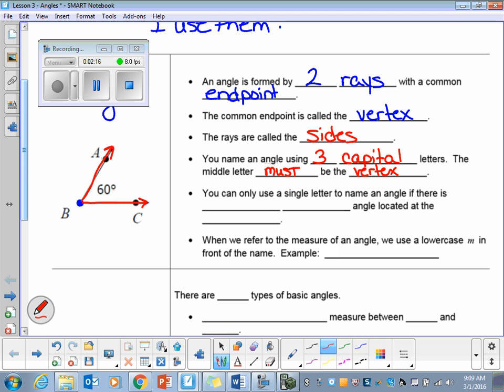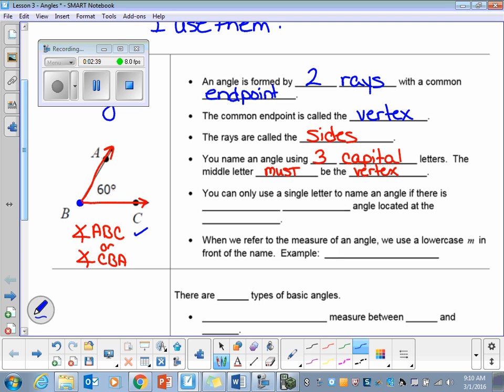So if I was naming this example here, I would say angle, which looks like the less than symbol with an arc through it, A, B, C. Or I could say angle C, B, A. The vertex is in the middle, B is in the middle.